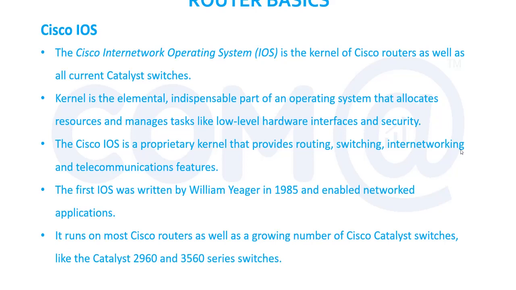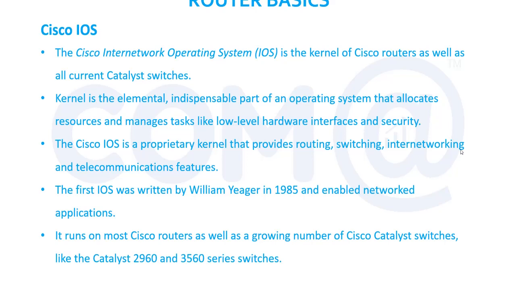So whatever changes you want, you can make. So that is the Cisco IOS kernel. The first IOS was written by William Yeager in 1985 and enabled networked applications. It runs on most Cisco routers as well as a growing number of Cisco Catalyst switches like the Catalyst 2960 switch. So any Cisco device you take, it will have an IOS available.